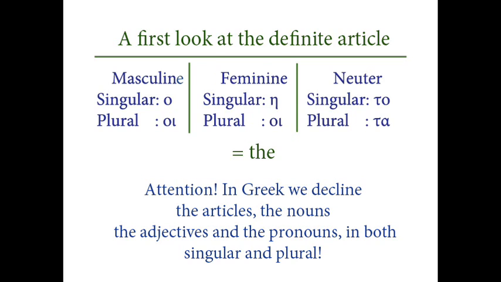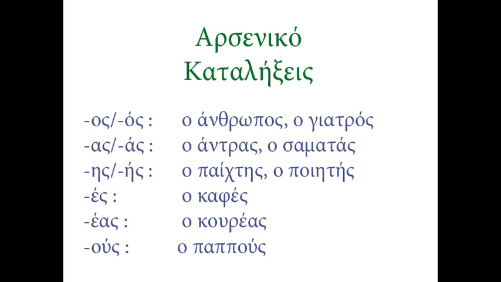So here we can see το αρσενικό, the masculine, and the different endings that a masculine noun may have, καταλήξεις, endings. As we can see, there are 6 different endings that a masculine noun may have. The first one is -ος or -ός. The second one, as you can see, has an accent, so it means that this noun has an accent on the last syllable.